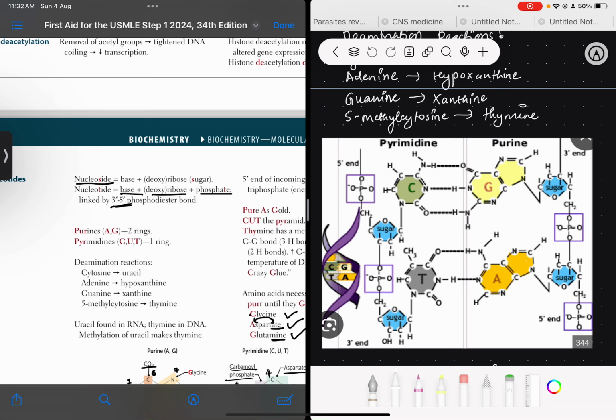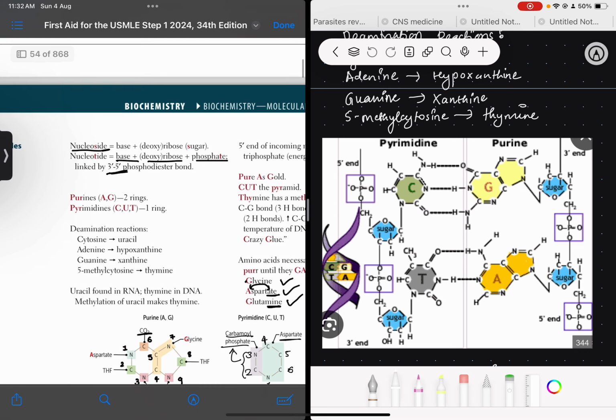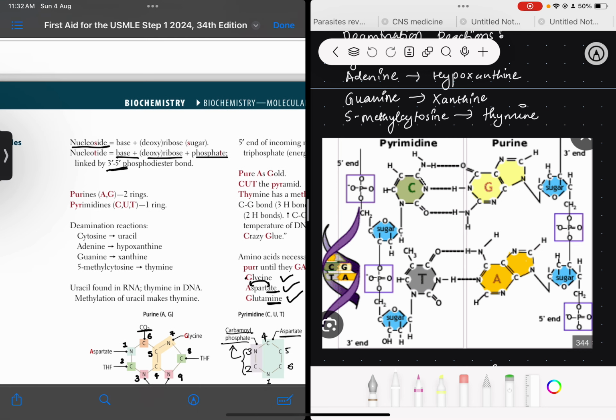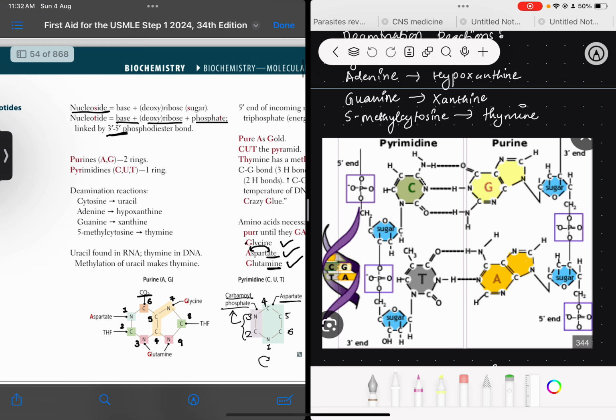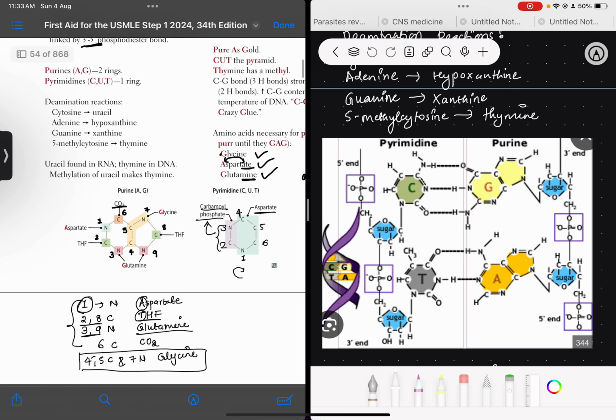And we were discussing first about the base. In the base we have learned it is of two types, purines and pyrimidines. Purines have two rings, and adenine and guanine are the two components, and pyrimidines have one ring, and the three pyrimidines are cytosine, uracil and thymine. We discussed the relationship that cytosine deamination will form uracil, and 5-methyl cytosine deamination will form thymine.